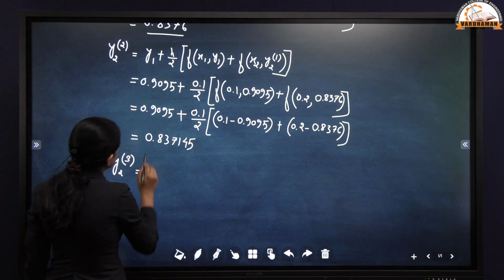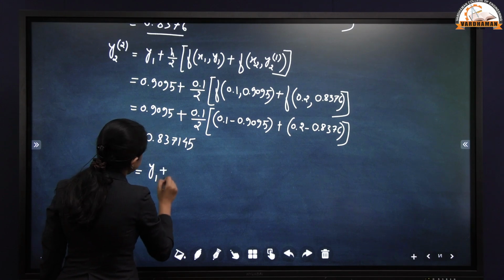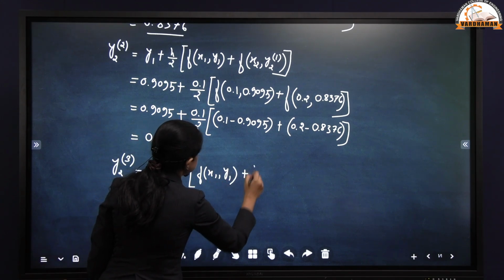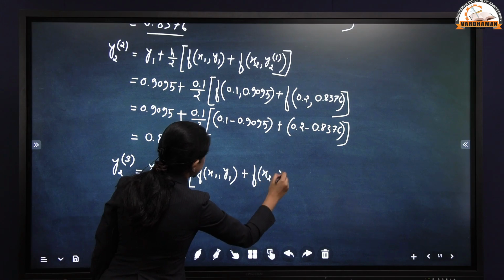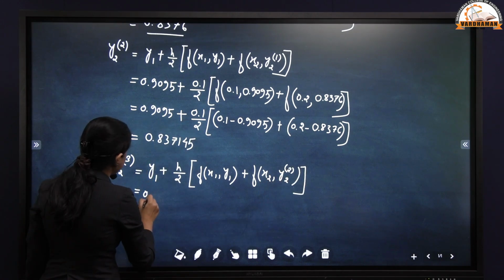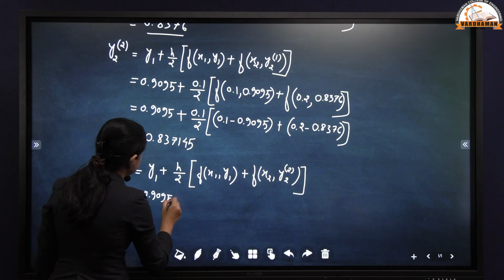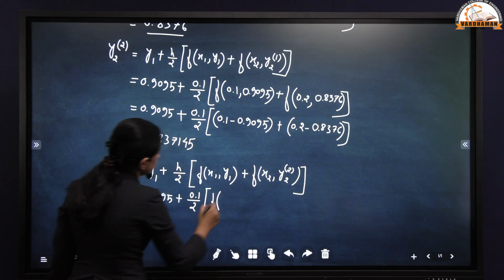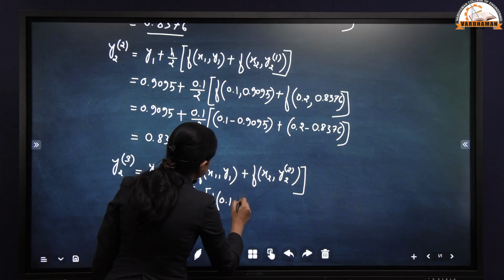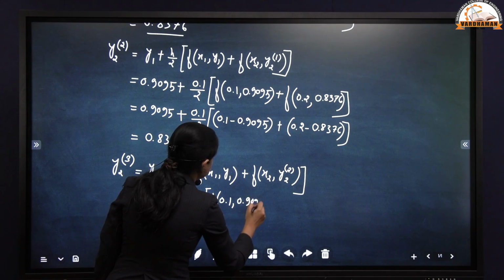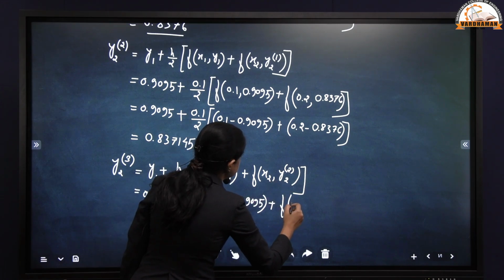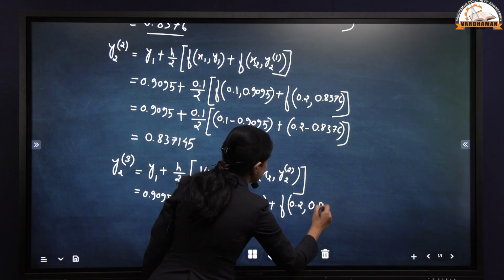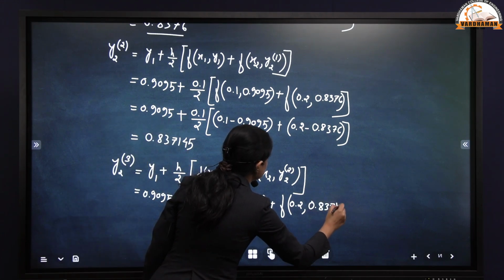So now y2³ will be given by y1 plus h by 2, f of x1 comma y1 plus f of x2 comma y2². y1 is 0.9095 plus h is 0.1 by 2, f of x1 is 0.1, y1 is 0.9095 plus f of x2 is 0.2 and y2² is 0.837145.